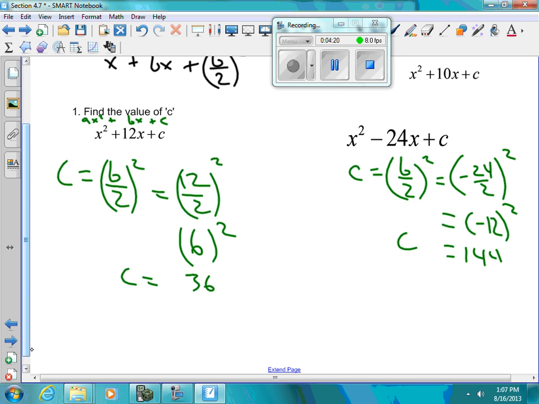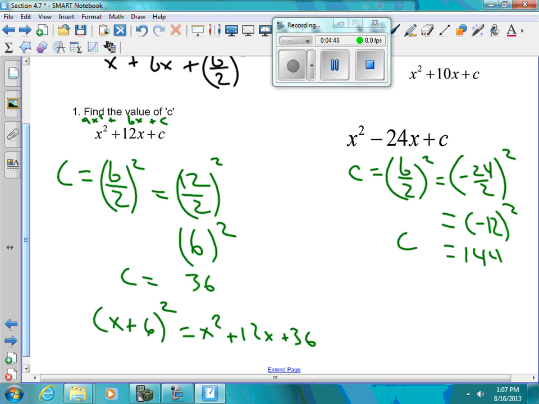While we made it a perfect square trinomial, I'll show you why this works out. We can rewrite this equation, x squared plus 12x plus 36, and factor it into x plus 6 squared.